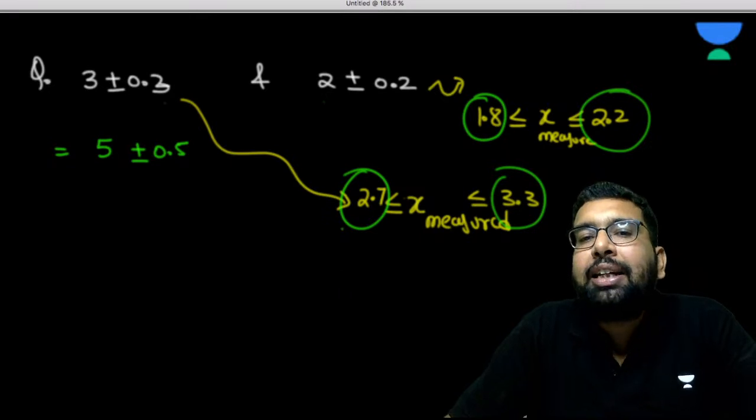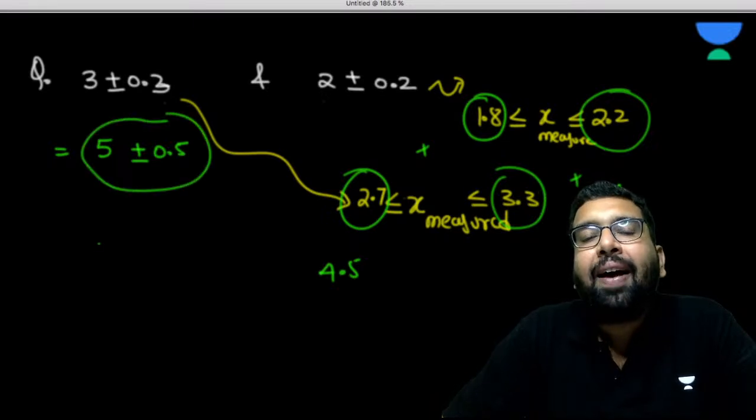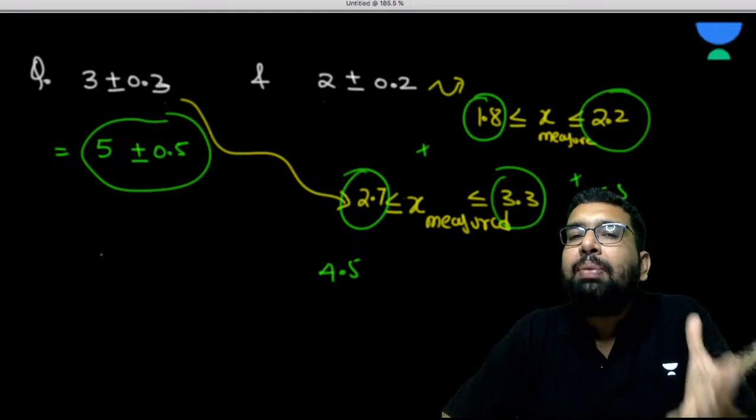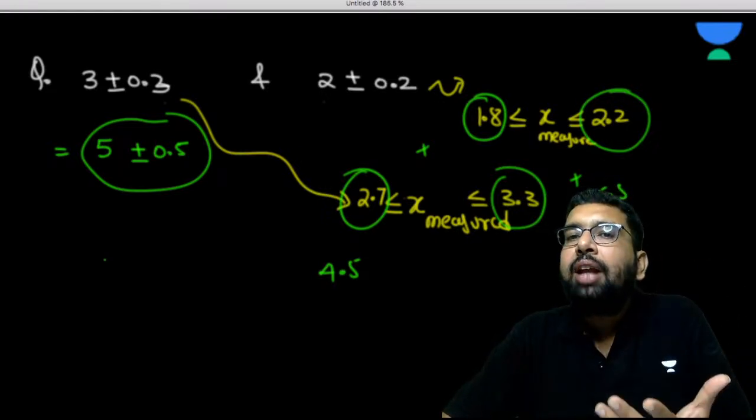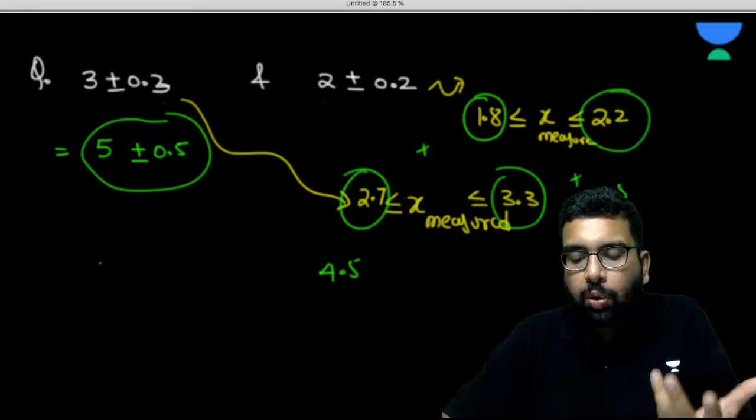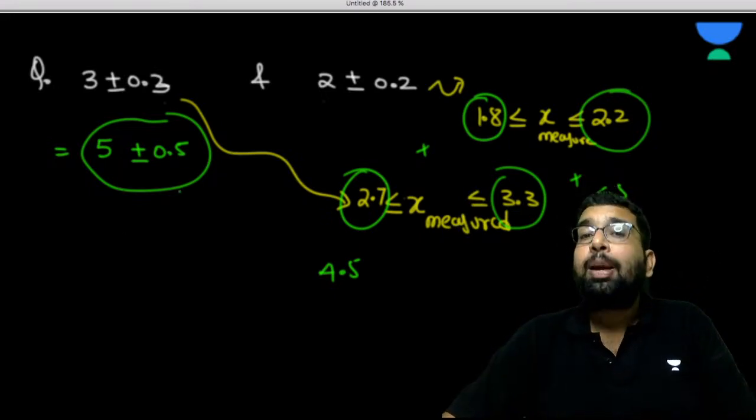Now these two added, you are going to get 4.5, and when these two added, you are going to get 5.5. So what is the most errored value on the positive side? It would be 5.5.